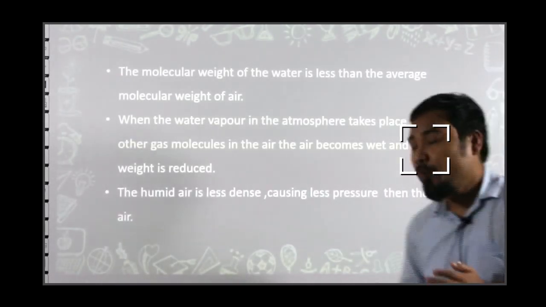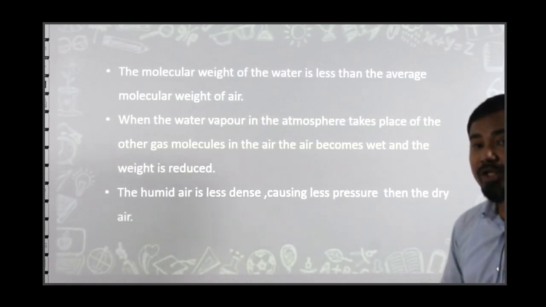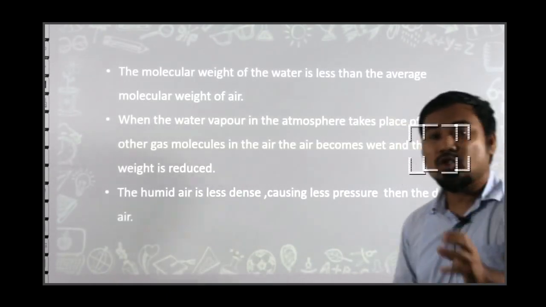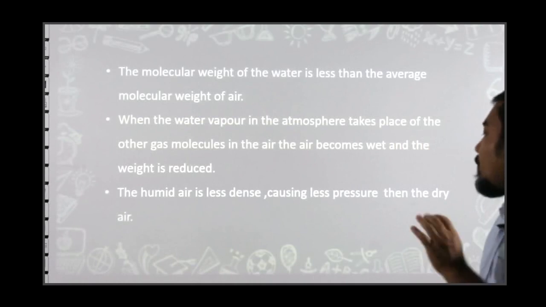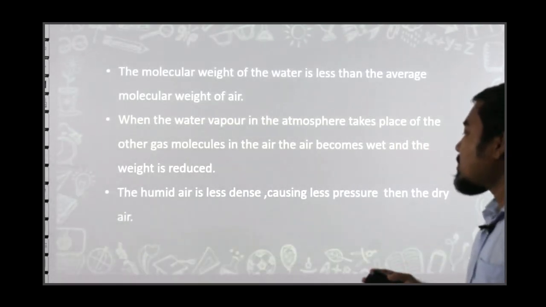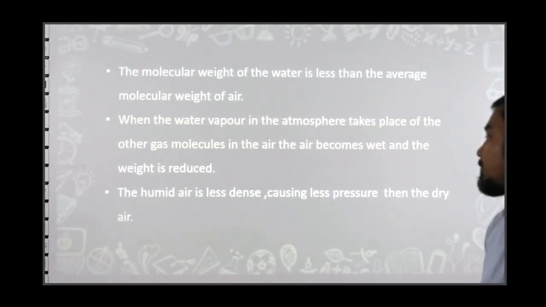Therefore, the humid air is less dense, and when it is less dense, it causes less pressure than drier air. The air which has less humidity or less water vapor will give you more pressure, whereas the humid air will give you less pressure.